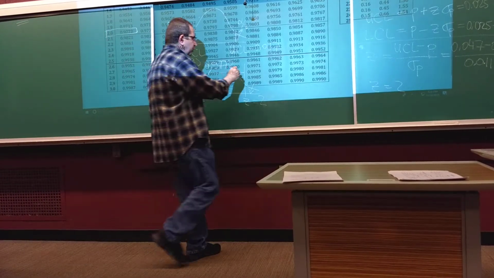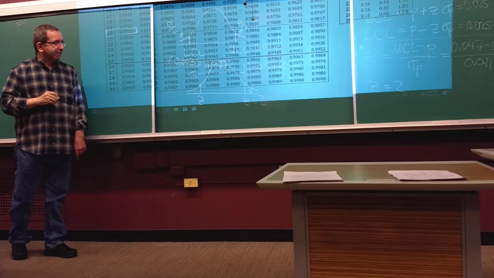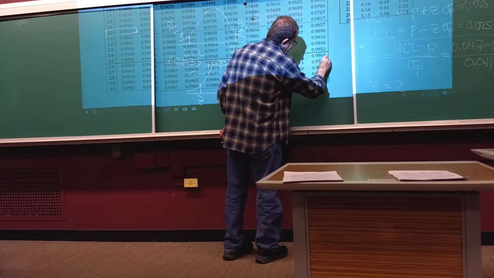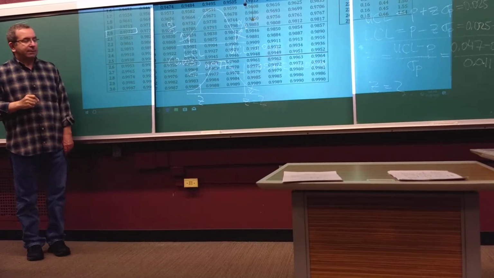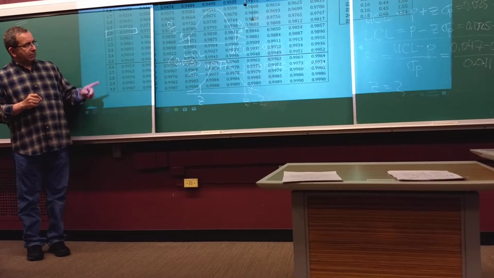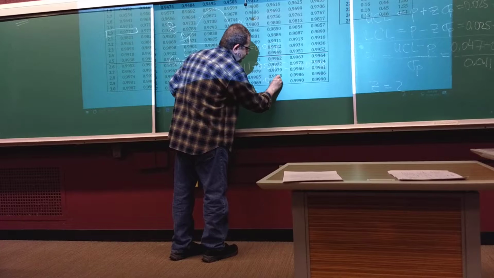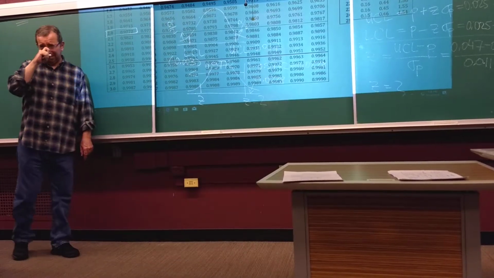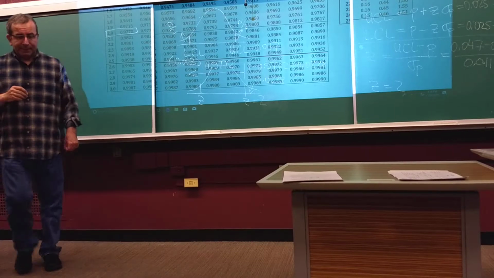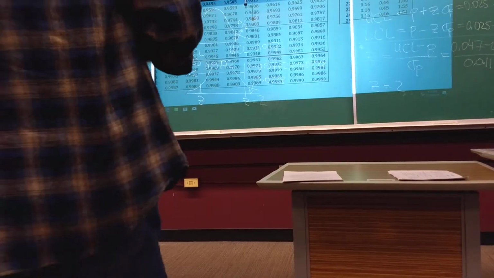And the tail probability is going to be 1 minus that. So that's going to be 0.0228.